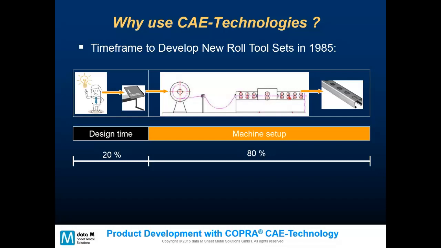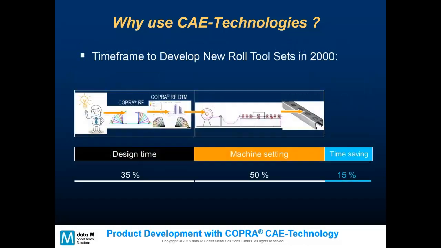If we roll the clock forward a little bit, some 15 years to 2000, we now can see some significant changes already. So it's quite commonplace to use software like Copra RF for design. So we had a slight increase in design time here, but now we're looking at theoretical strain values. So hopefully we're getting a better understanding of the work our material is doing.